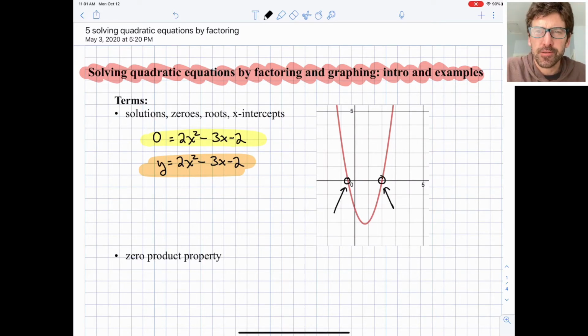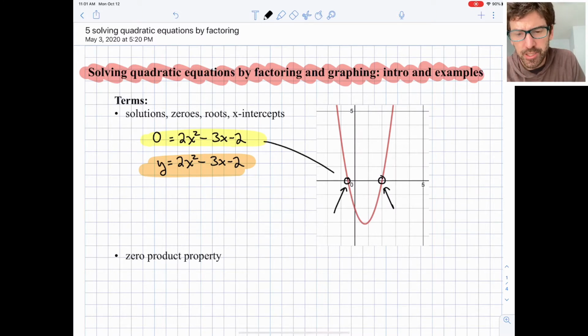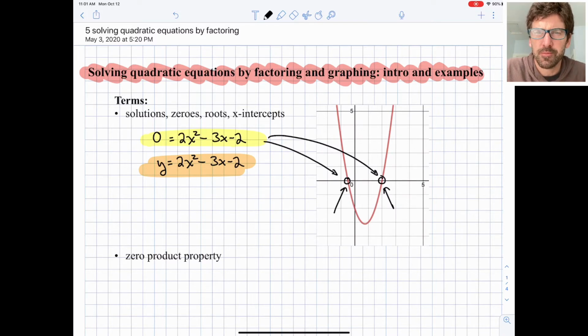Okay, and those locations, those x values where the parabola intersects the x-axis, are also the solutions to the initial quadratic equation we had that's highlighted in yellow. Okay, so the solutions to this yellow equation are the x-intercepts of the parabola.